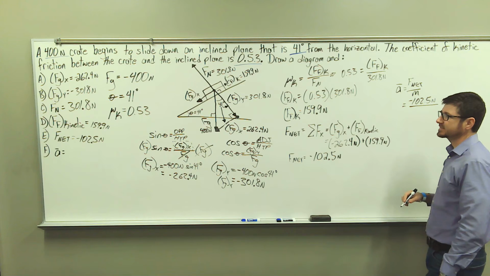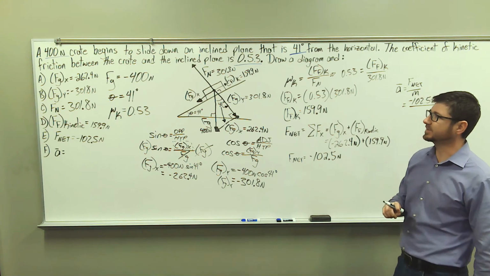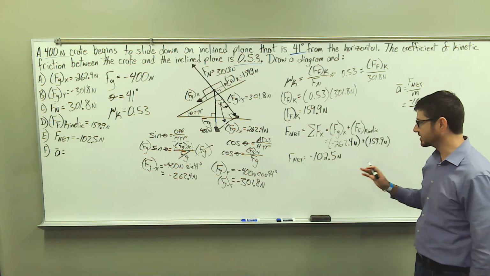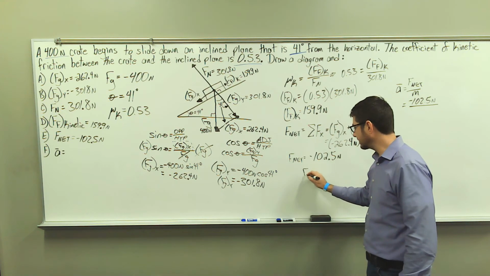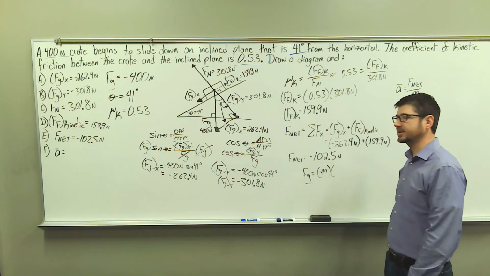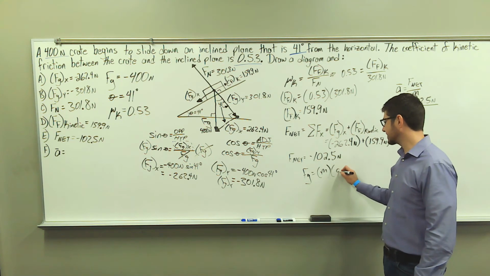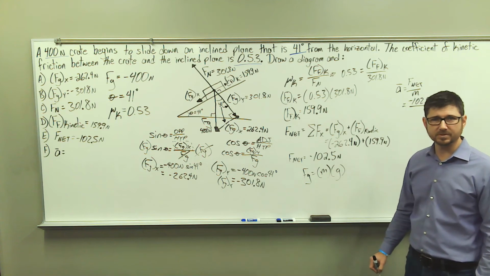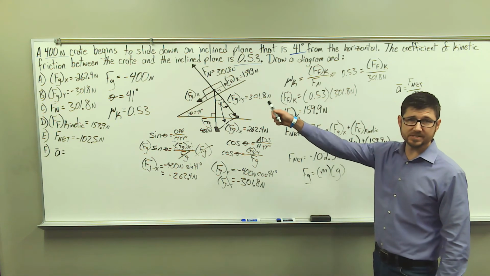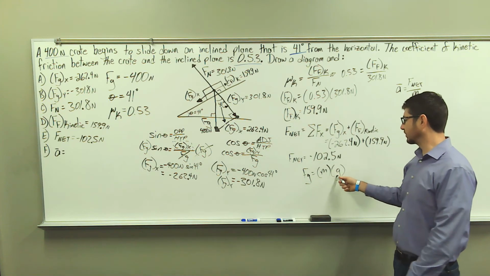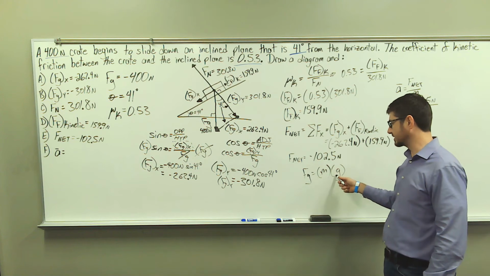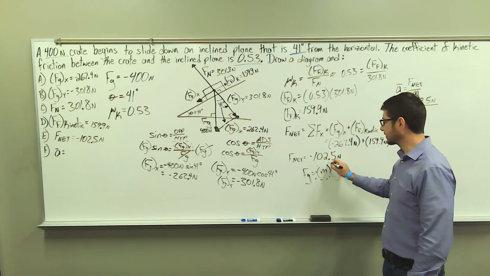And we're dividing this by the mass of the object. Well, right now we don't have the mass of the object, but we know that the weight force due to gravity is equal to the product of the object's mass and the acceleration due to gravity. So we have the weight force, which is negative 400 newtons, and we know the acceleration due to gravity is negative 9.8 meters per second squared. We're looking for this guy.